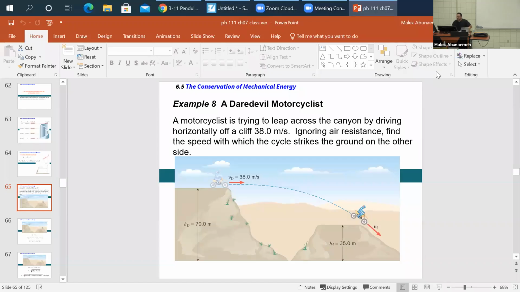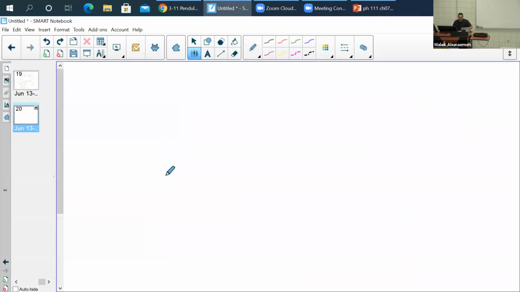Now, going back to the non-conservative force. When we're talking about your non-conservative force work, it's going to be your change in kinetic energy plus your change in potential energy.